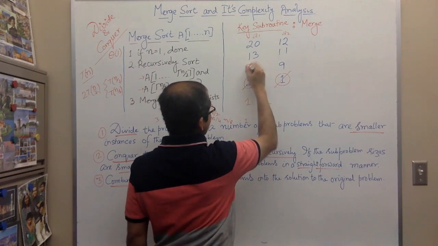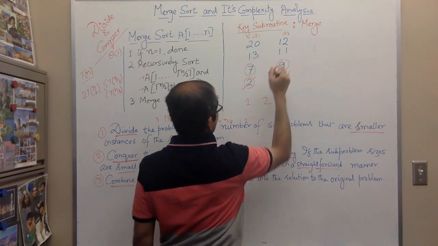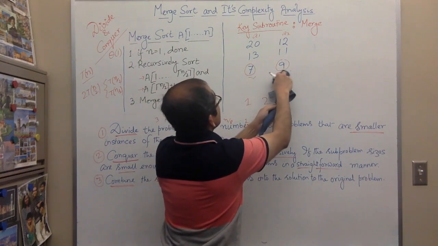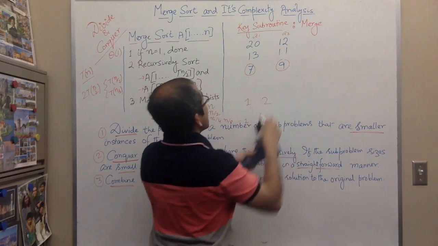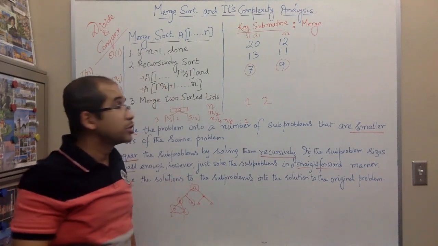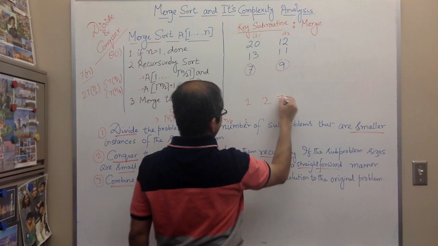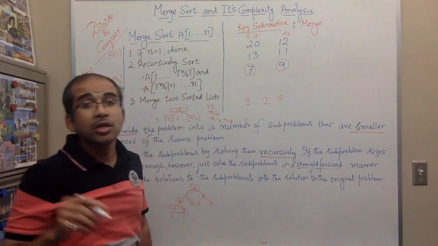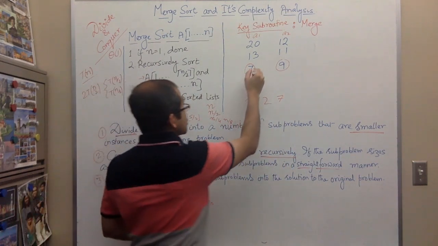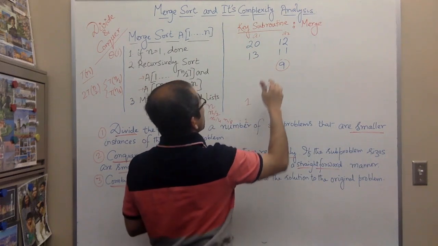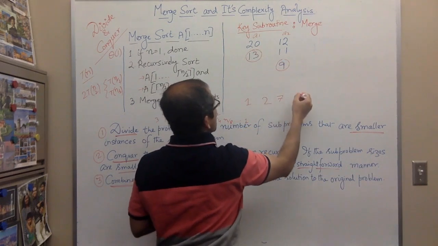Now 7 is the head of this list and 9 is the head of the other, since 1 and 2 are gone. Among 7 and 9, whichever is the minimum we pick up, so 7. This is the third comparison, and the third element comes out. Now the head of this queue is 13. Among 9 and 13 we compare and take out 9.